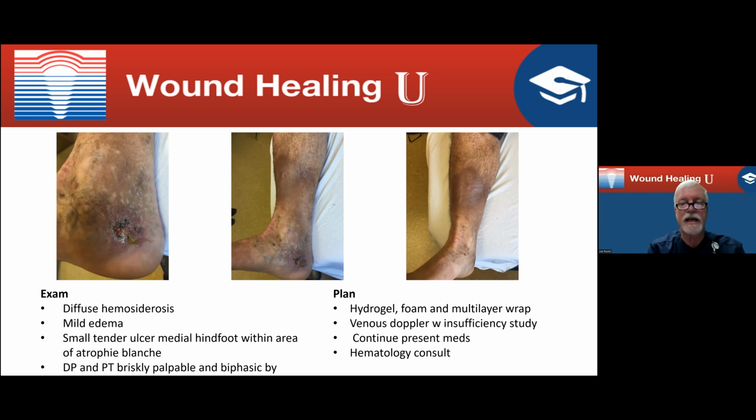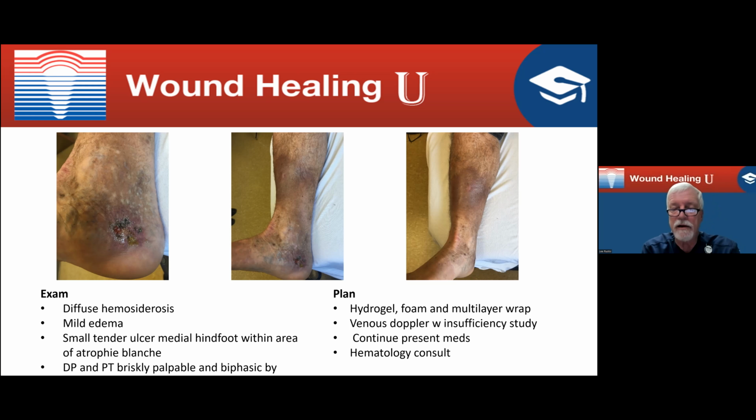So on the left-hand picture, as well as in the center picture, just above the ulcer, you can see those whitish patches. This is an area of soft tissue called atrophy blanche, a skin disorder that also leads to difficulty in healing because of impaired oxygen delivery to the skin. His dorsalis pedis and posterior tibial pulses were briskly palpable and biphasic by handheld Doppler.